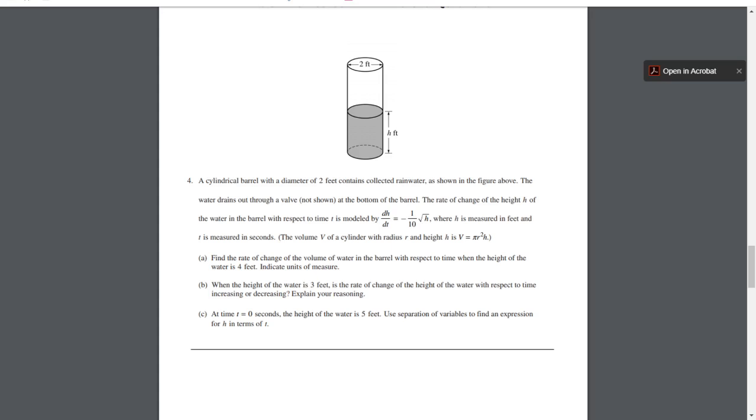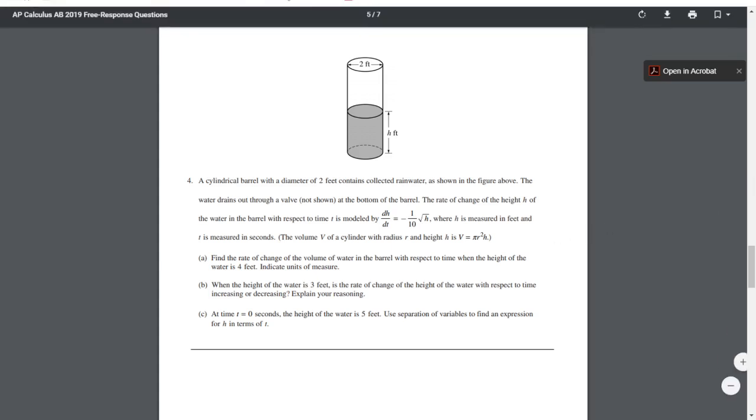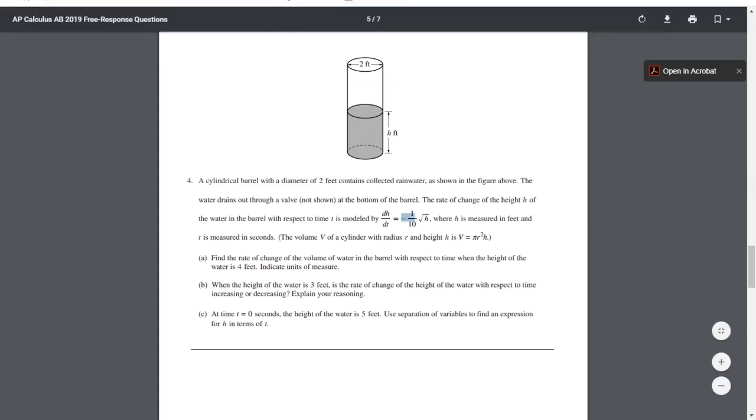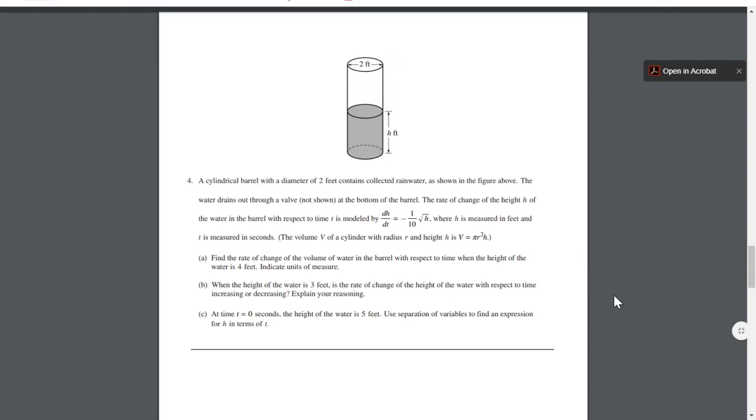Now, the intuitive answer is that it's going to be increasing. This is because it's negative 1/10, and so our rate is getting closer to 0. It started negative, and if it's getting closer to 0, it's increasing. That's the intuitive answer. The answer we're actually looking for is the algebraic one.